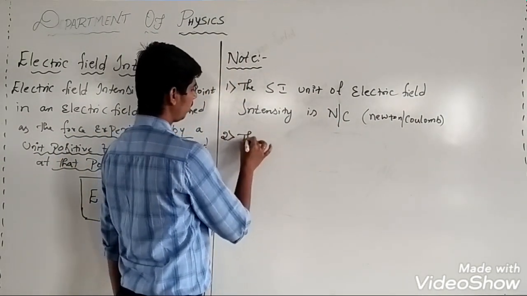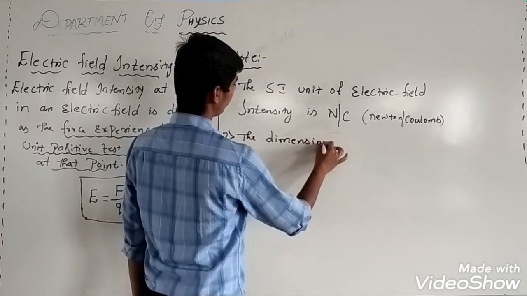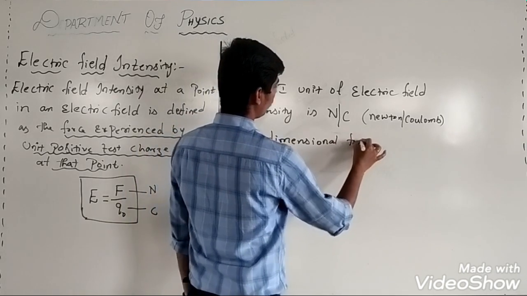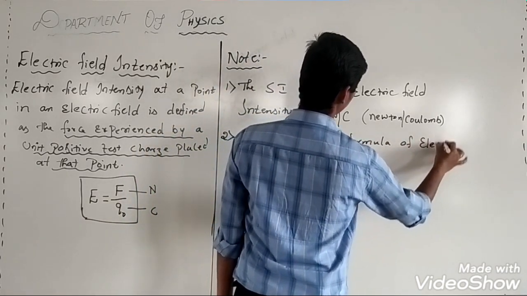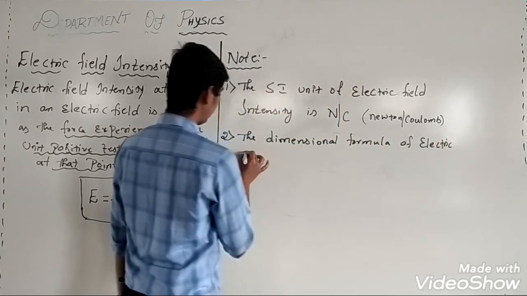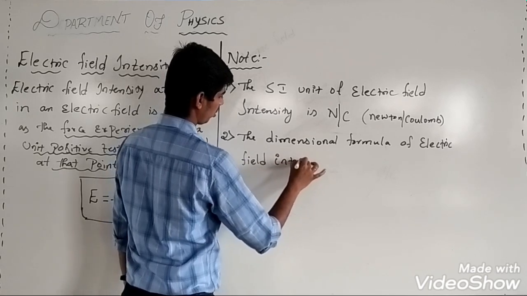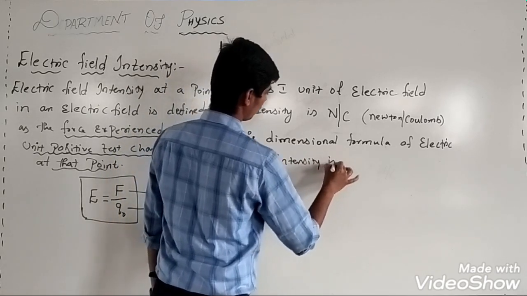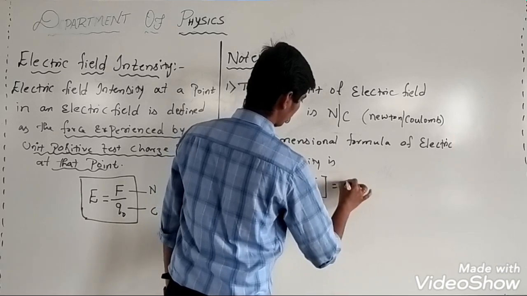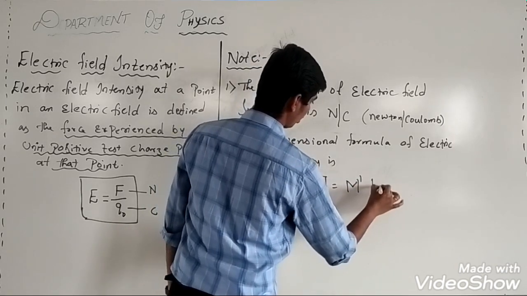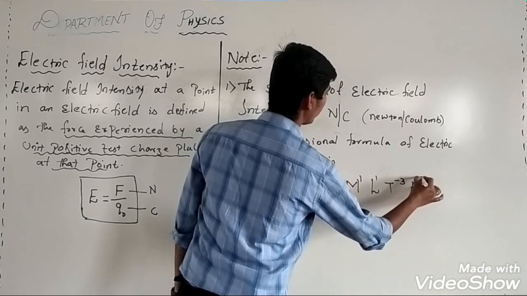We will try to write the dimensional formula of electric field intensity. The dimensional formula of electric field intensity is E equals M1 L1 T minus 3 A minus 1.